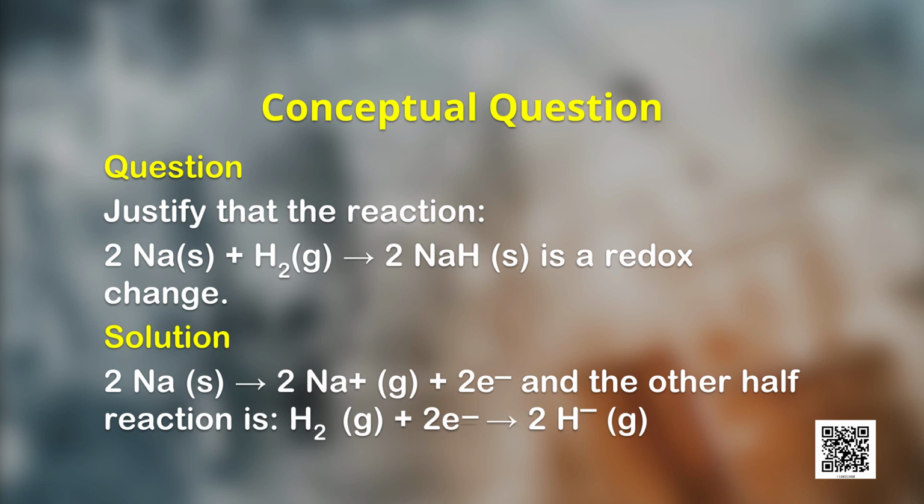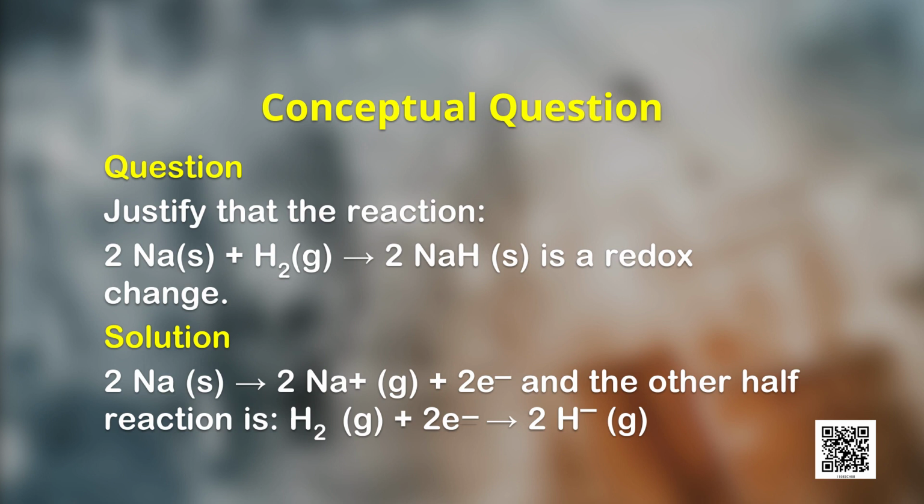Since the compound formed in the earlier reaction is an ionic compound, it may also be represented as Na+ H−. This suggests that one half reaction in this process is 2 moles of sodium changing to 2 moles of sodium ion and 2 electrons, and the other half reaction is 1 mole of hydrogen gas gaining 2 electrons and changing to 2 moles of hydride ions.